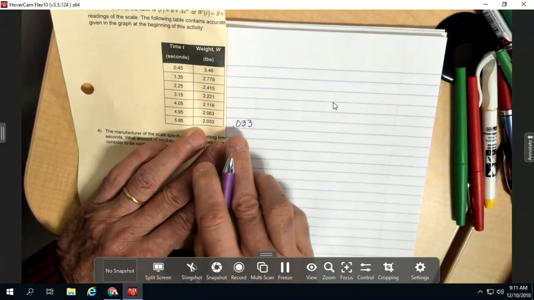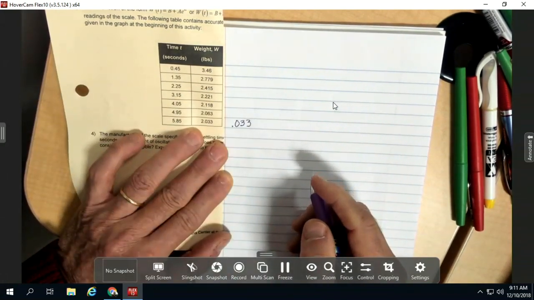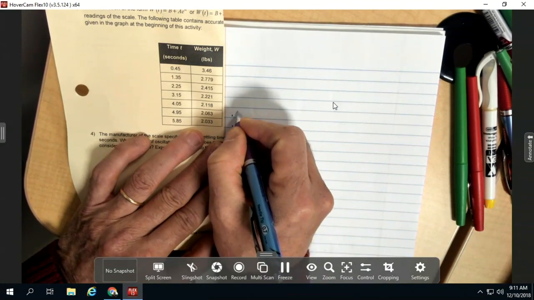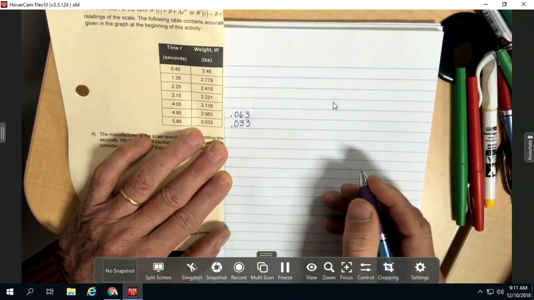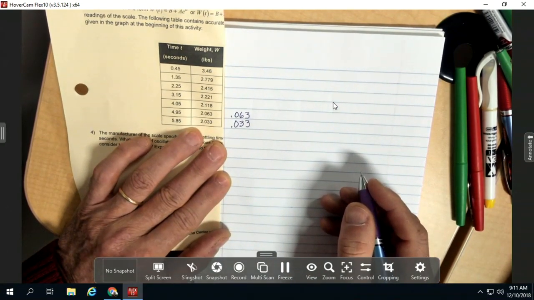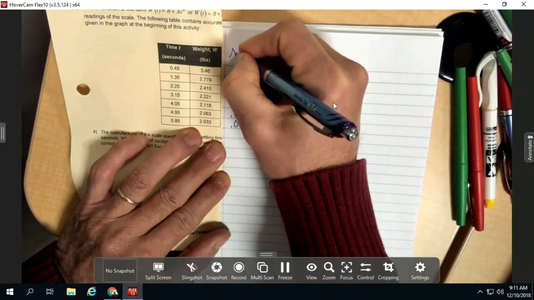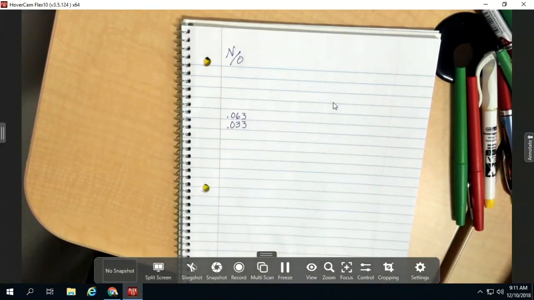Okay, so what are you going to do to each one of these values above it? Subtract 2 from each one of them. These are the numbers you're going to use for your new divided by old.